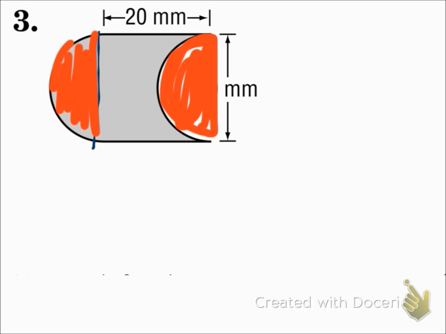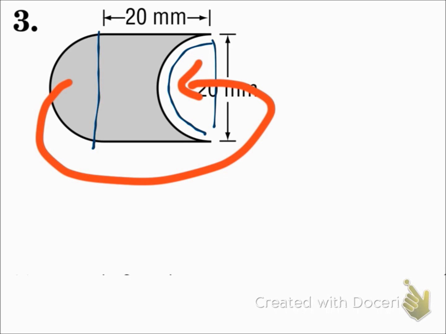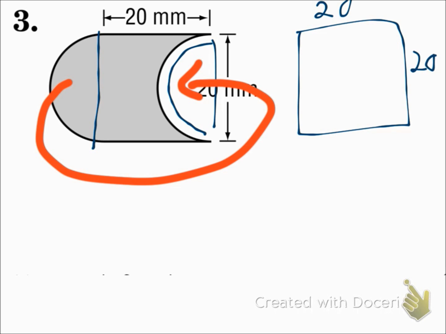So essentially, what I have then, instead of this type of figure, when that semicircle is put in there, I have a square that's 20 by 20. For a square, the formula is s squared.